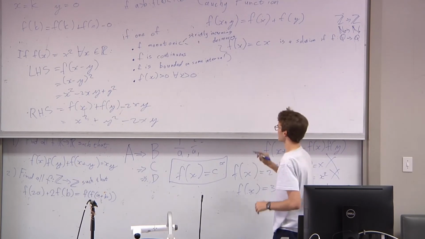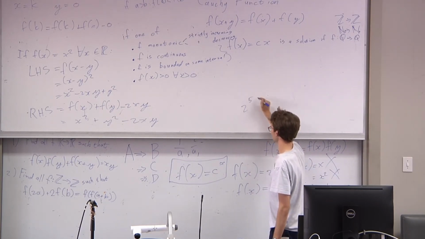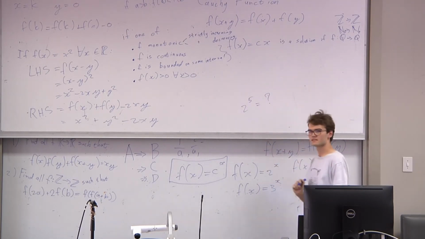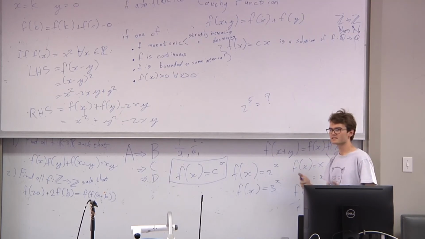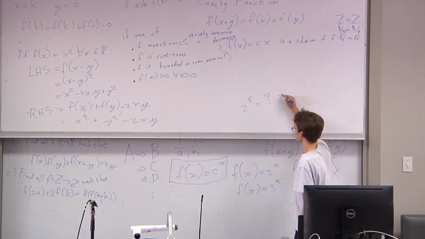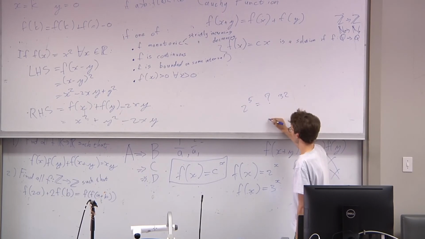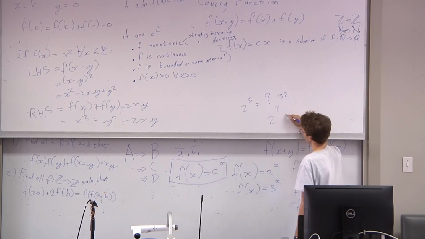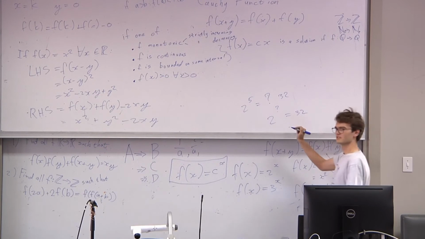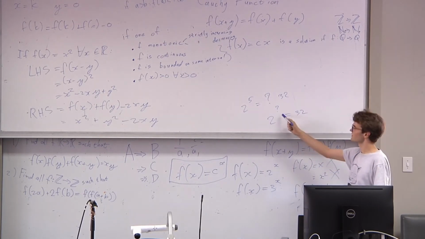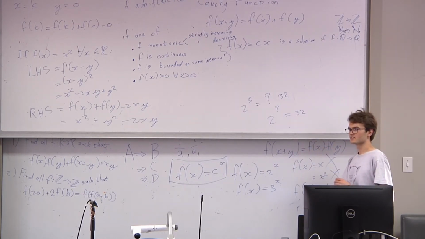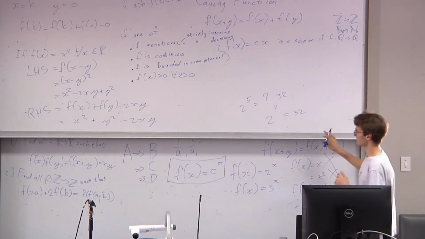So like 2 to the 5 equals that. You can solve that, right? Yeah, so that's 32. And if I said 2 to the something is equal to 32, would you know how to find that? So log base 2 of 32. Yeah. So there's this function called the logarithm.